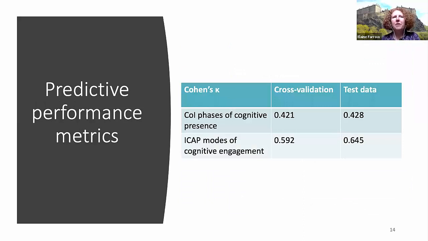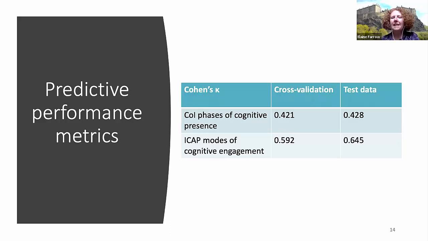So in terms of predictive performance metrics, we looked at the Cohen's kappa score, and we found that for the phases of cognitive presence from community of inquiry, the cross-validation was 0.421, and on the test data, 0.428. So that indicates a moderate level of agreement. And on ICAP modes of cognitive engagement, we got slightly higher numbers, 0.592 on cross-validation and 0.645 on the test data.